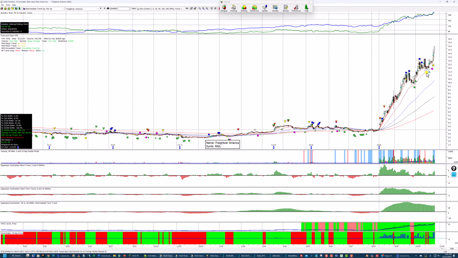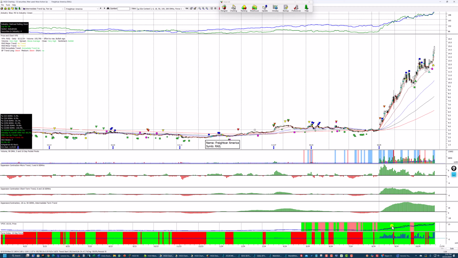You can see that the fan is in place, and it's been in place since clear back here. Here's the 200, the 100, the 50, and the 18. It's had a few pullbacks, but the pullback was to the 18. A lot of positive VPA flags.